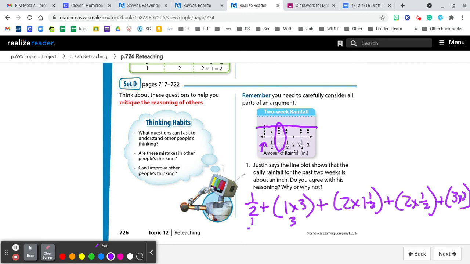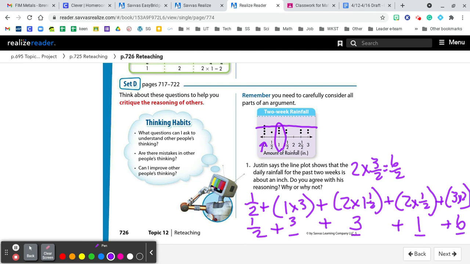So let's see what I got here. 1/2 plus 3 plus, this will be 6 down here. 2 times 1/2 is 1. 2 times 1 and 1/2 would be 2 times 3/2, which is 3. So I say 3 plus 6 plus 1 is 13.5. Let's see. Wait a minute. Oh, I missed here. 1 times 3.